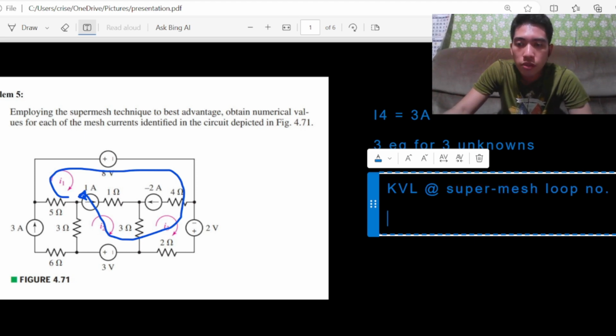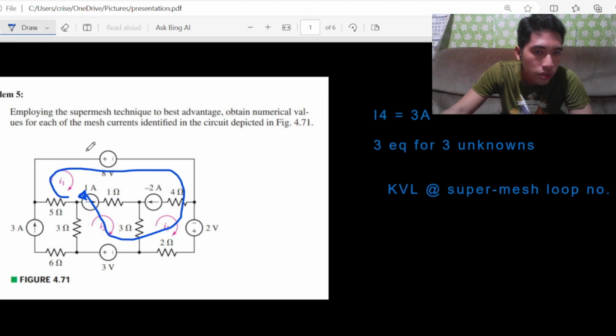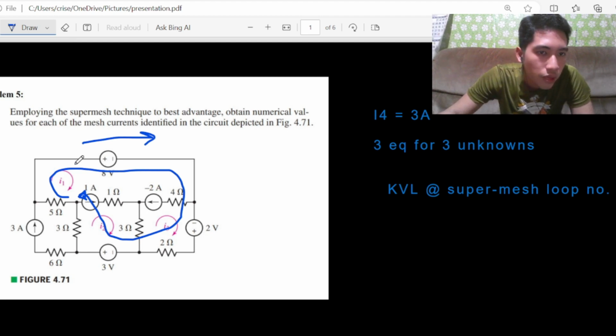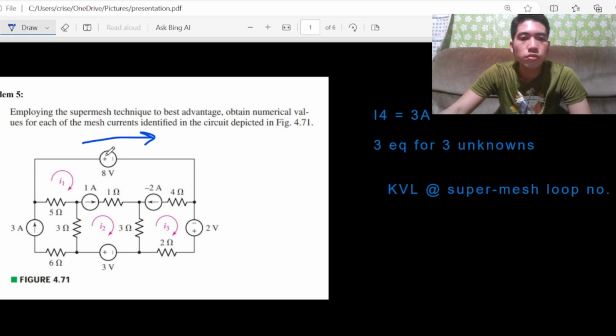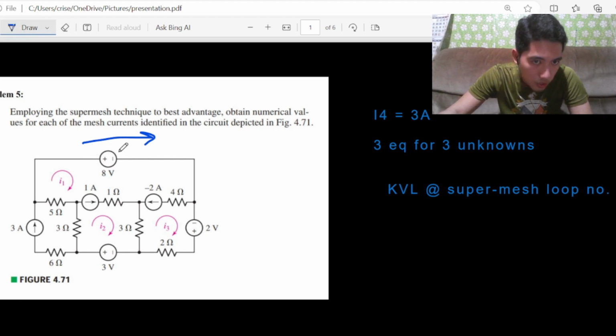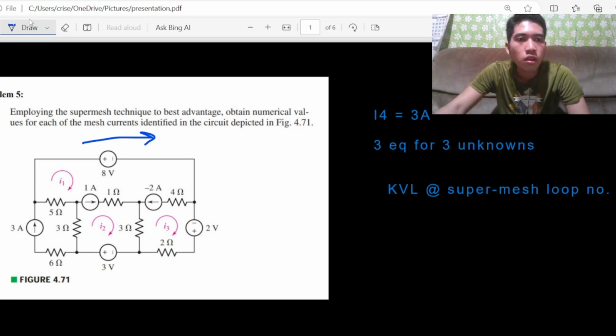In the KVL supermesh loop number 1, you can see that it starts from the 8 volts. The direction of the current is going in this direction. So we're going to identify this as positive 8 volts because the current goes through the positive terminal of the source, as we can see in this position.